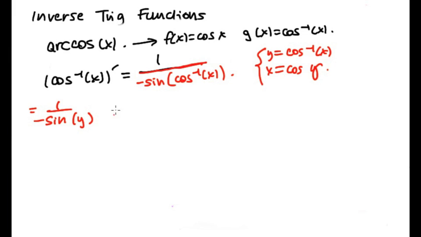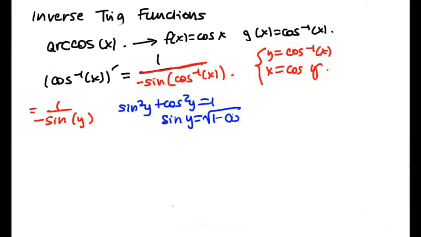And what is sine of y? Well, sine squared y plus cosine squared y equals 1. So sine of y is equal to the square root of 1 minus cosine squared y. So that becomes 1 over negative square root of 1 minus cosine squared y. But what is cosine of y?